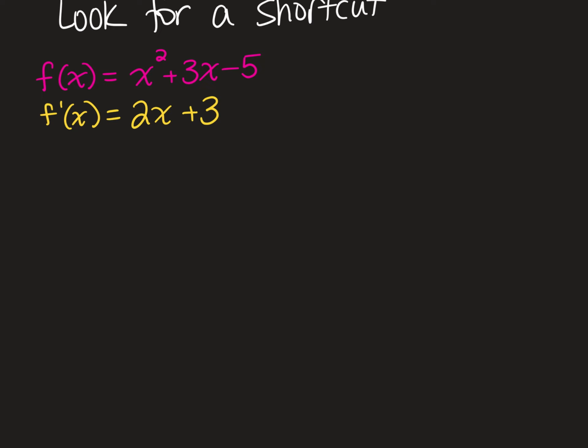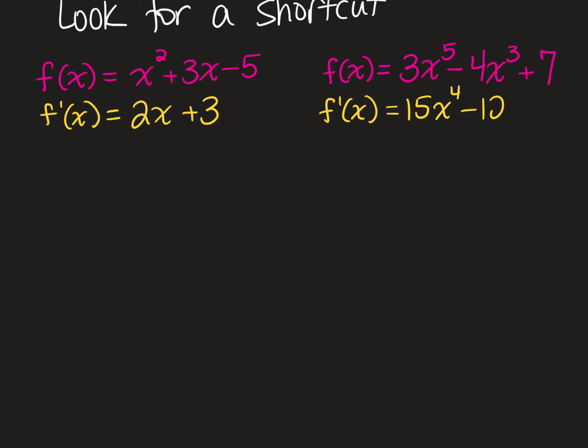And I'm just going to put a few functions up here. f of x equals 3x to the 5th minus 4x cubed plus 7. The derivative of that is 15x to the 4th minus 12x squared.